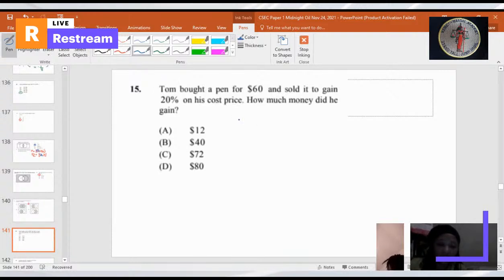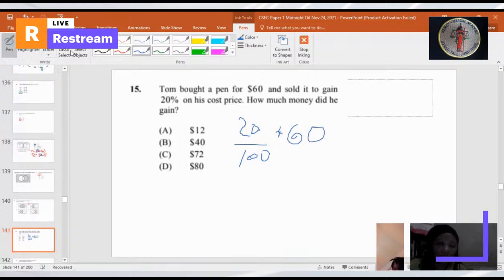So we just need to find 20% of the 60. So 20 over 100 times 60. And that gives what?